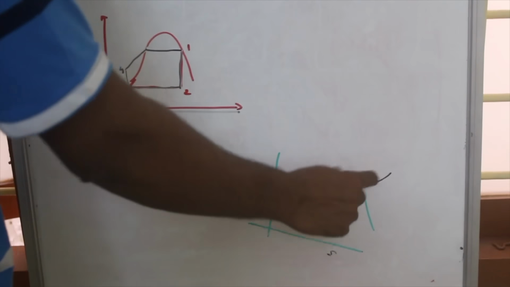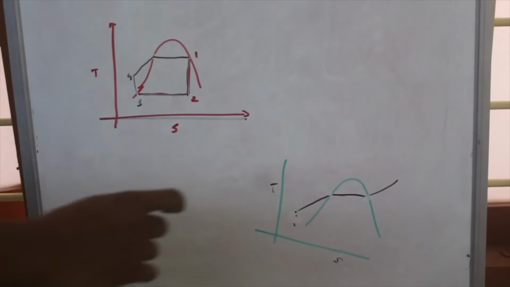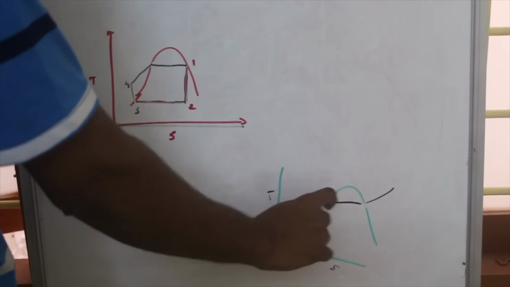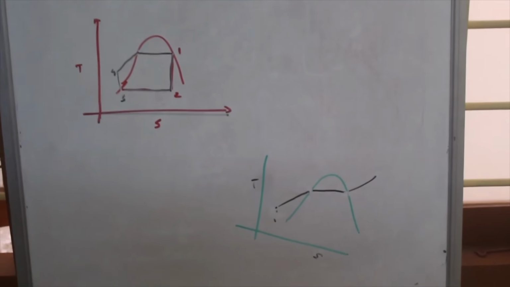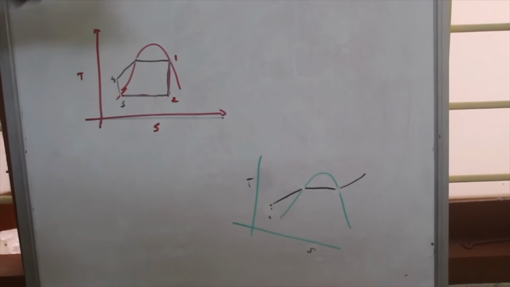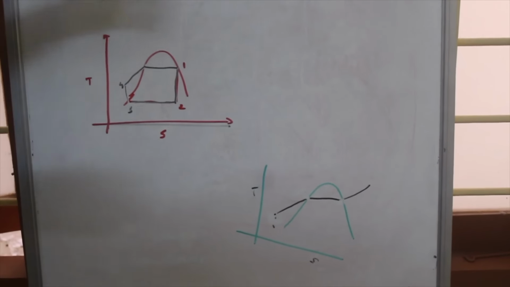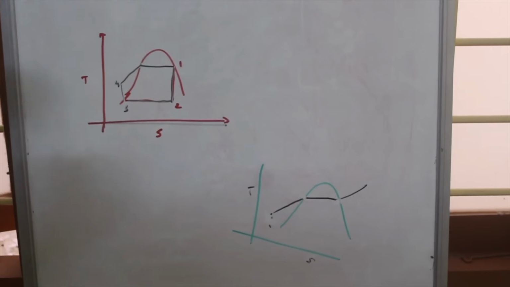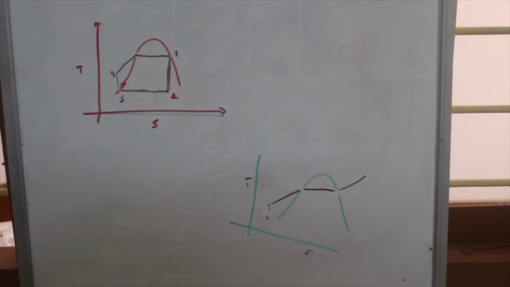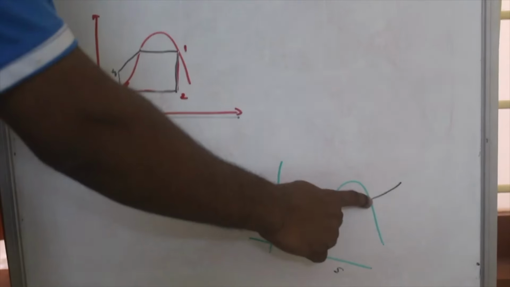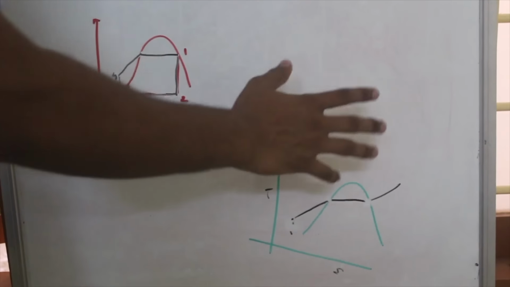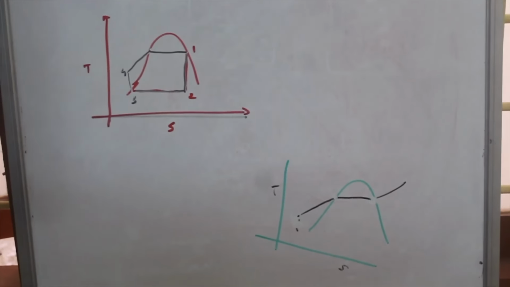During this part there is a water-vapor mixture, during this part there is only water, and during this part there is only vapor. We already said that we supply steam to the turbine, which means only vapor is supplied. So either this point or the vapor after this point is supplied to the turbine.